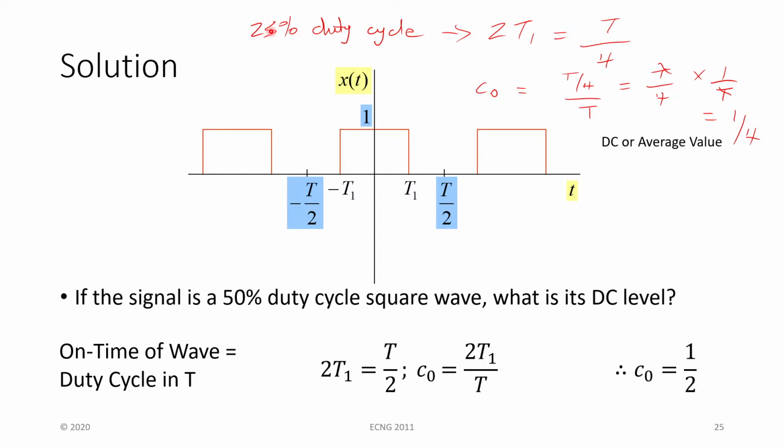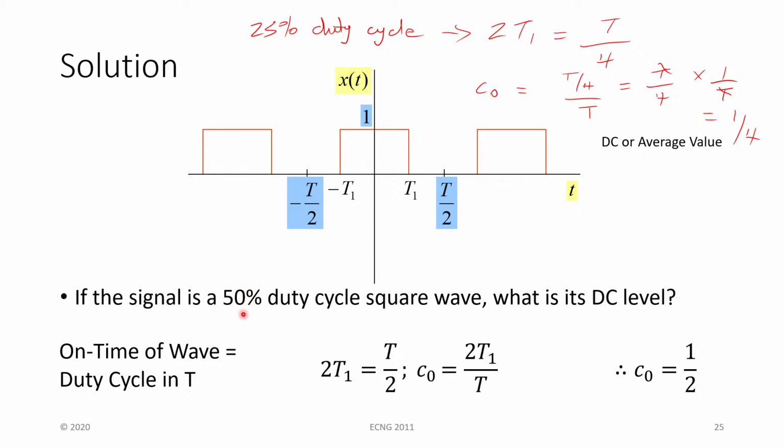We already solved for C0 in terms of t1 and T, so we substitute 2t1 equal to T on 4 and do our mathematics to get C0 equal to a quarter for a 25% duty cycle.